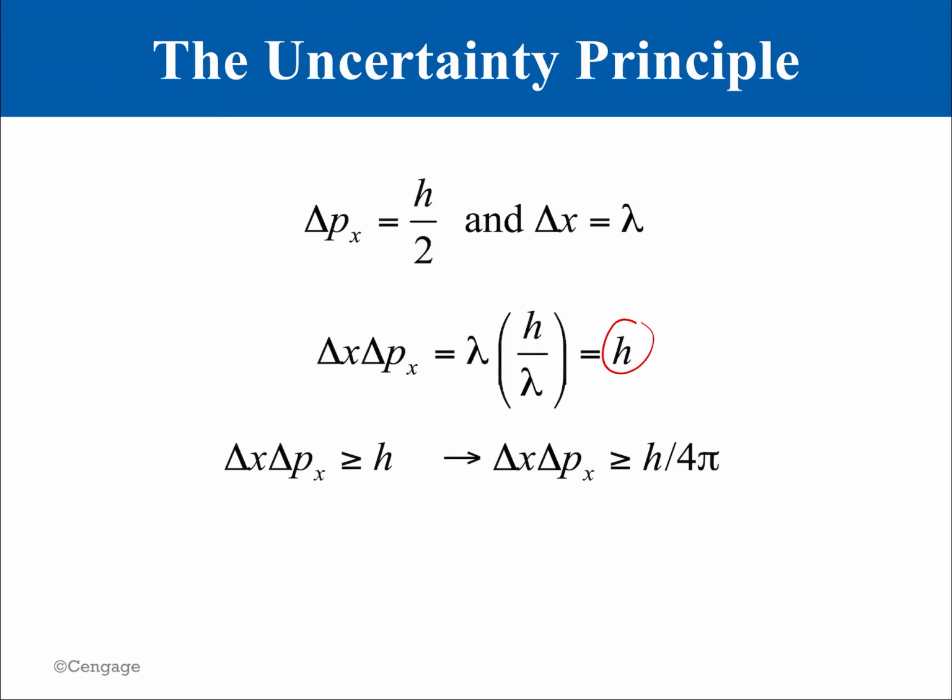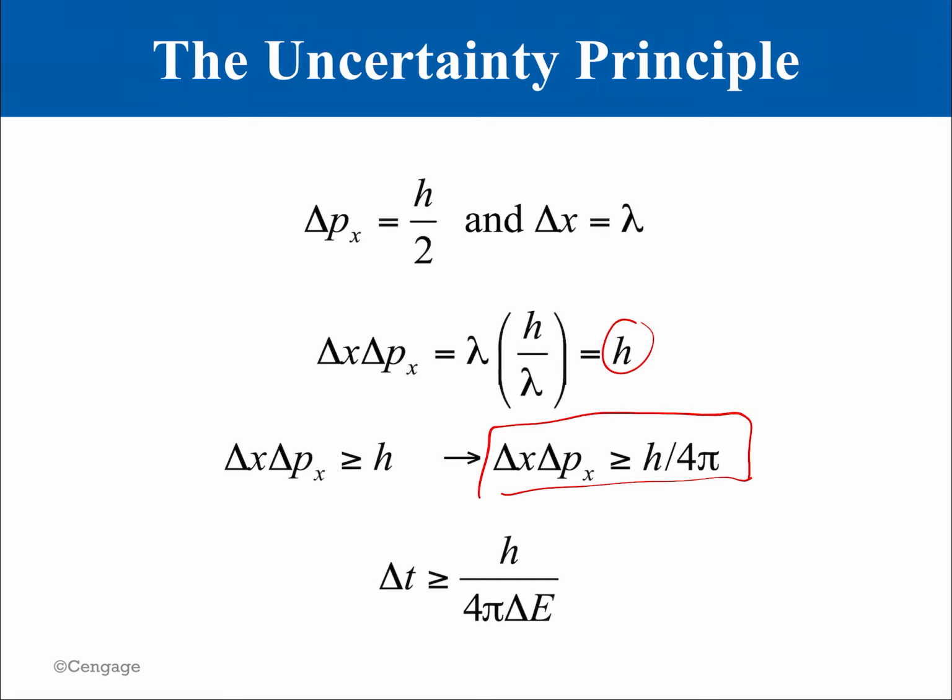And so then you might say that the case would always have to be greater than or equal to h, but in reality it turns out that that is a simplification of the inequality, and the accurate version ends up being h over 4 pi. Okay, we won't explain the origins of that, but it turns out that is the further specification.